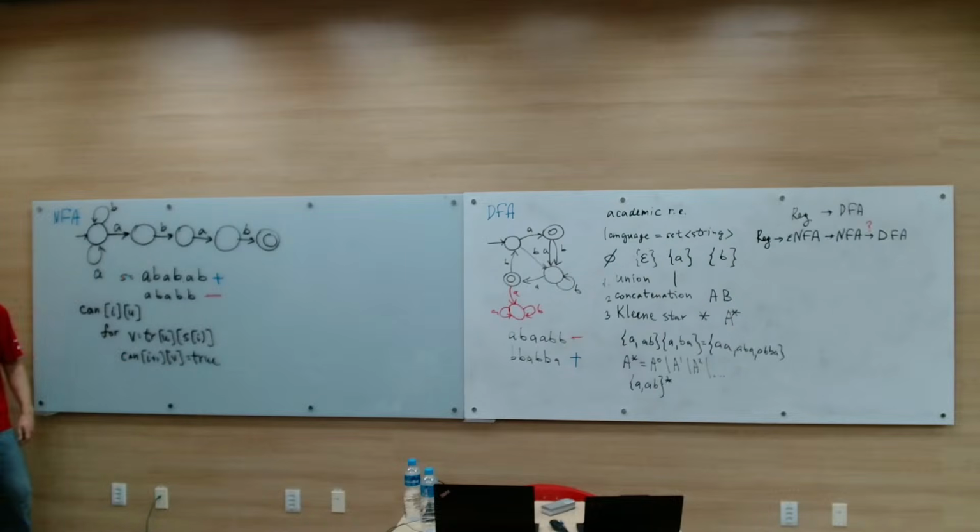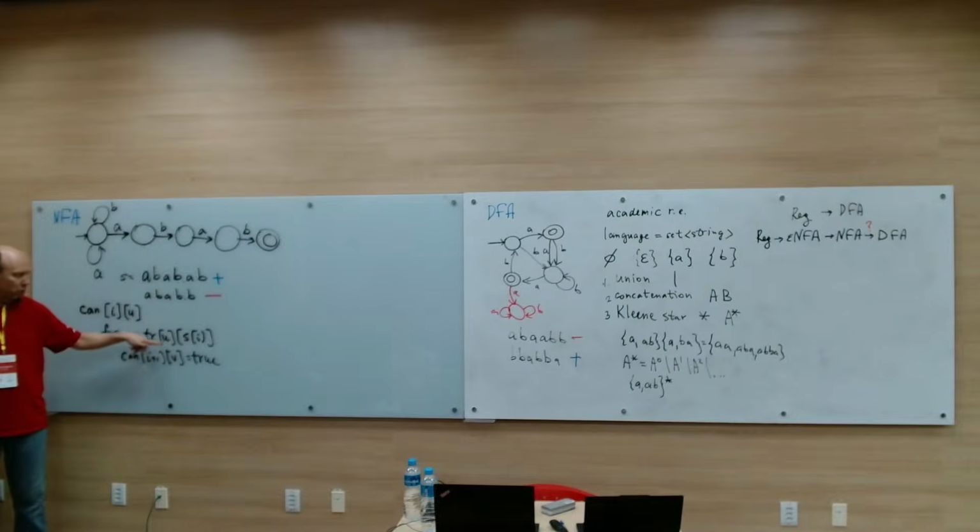Do you agree? So it's an easy dynamic programming solution. If we can be in the state u after i steps, then after i plus 1 steps we can be in every state v that we can reach from that state.